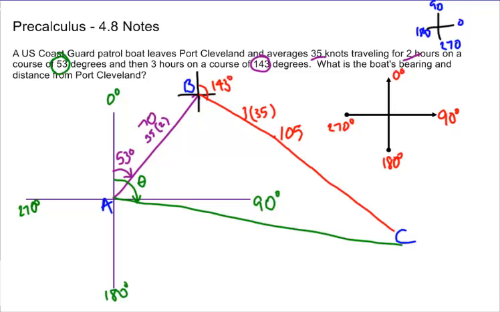Now, let's figure out some angles inside our big triangle. Let's go over this big triangle and give it some colors. Here's my big triangle with the pink dotted line.